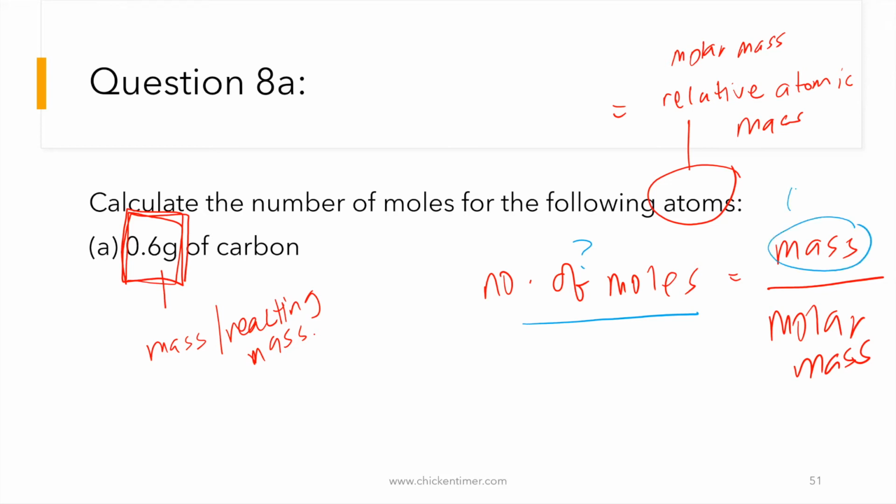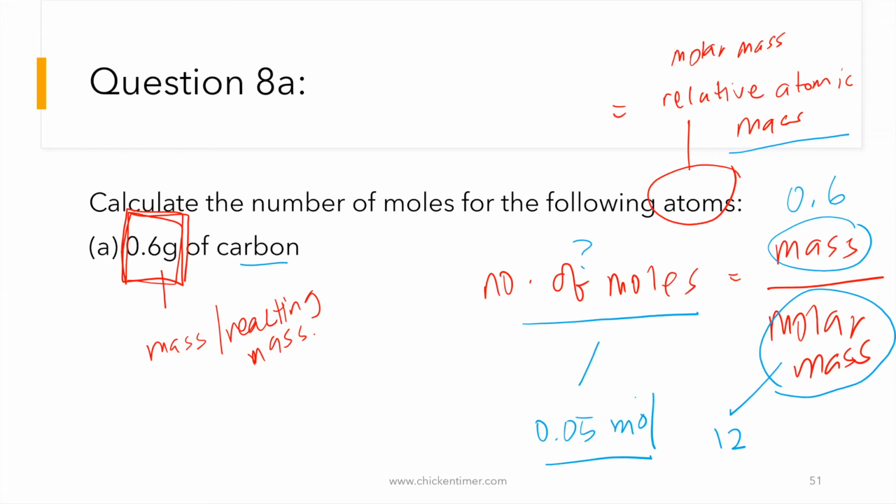I substitute into my equation. The molar mass for carbon is the relative atomic mass. So what is the molar mass for carbon here? Then using the calculator, you key in these two numbers and you will get the number of moles as 0.05. Then you write mol. This is how you do a question like this.